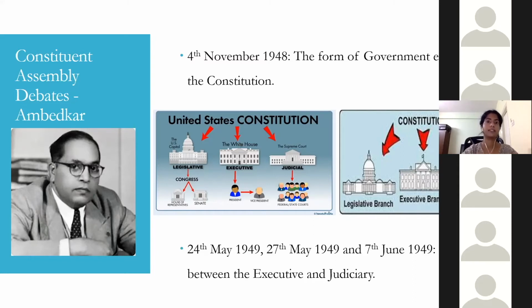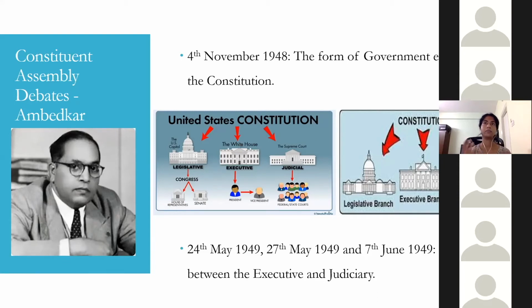So almost as a response to Ayyangar, B.R. Ambedkar of course agrees that the independence of the judiciary from the executive needs to be made clear, especially by way of law. However, he says that we can't create an imperium in imperio, which is almost a supreme power of sorts. And he states that the judiciary should be able to act without fear or favor of the executive.